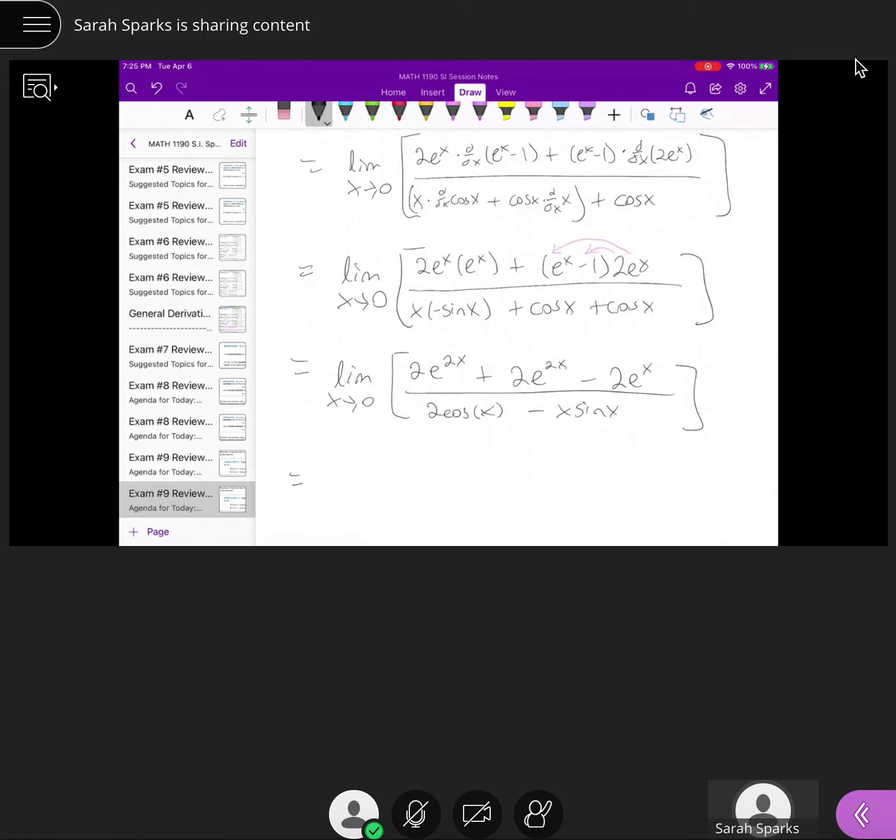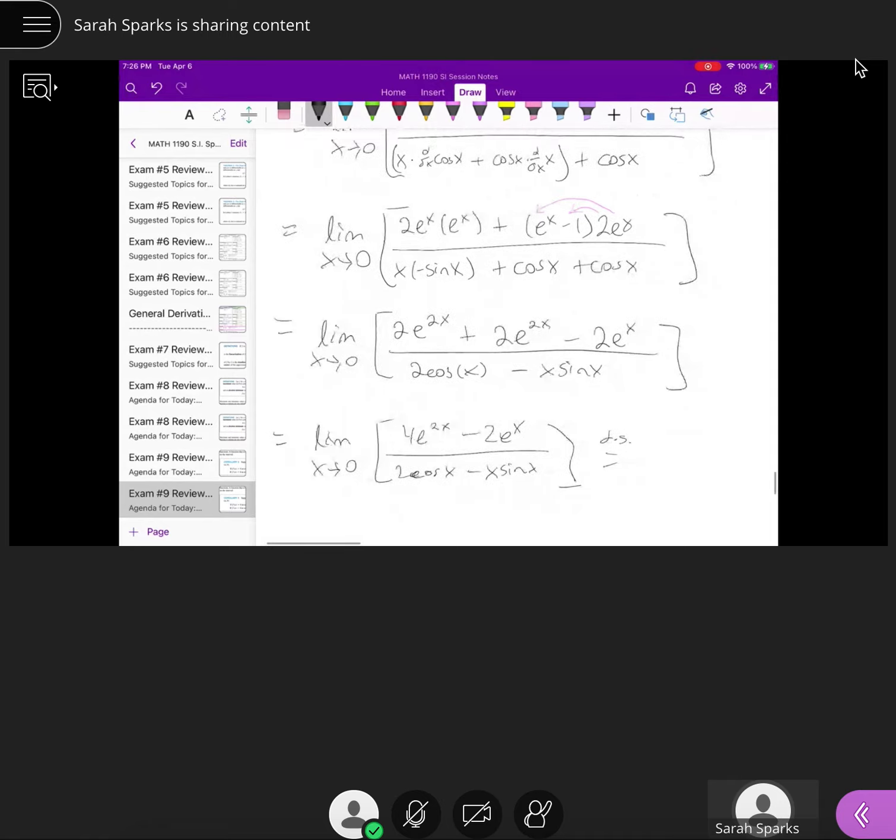And then from here we can evaluate, or I guess we should simplify one more step to get that 4e to the 2x minus 2e to the x over 2 cosine x minus x sine x. But now we can evaluate using direct substitution. I mean, we could have before, I felt like it was best to simplify.